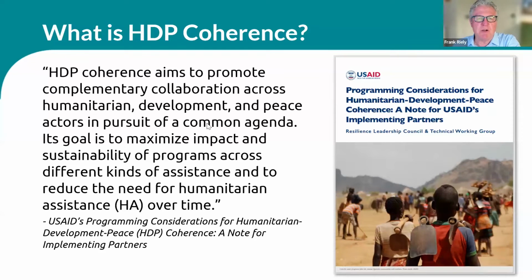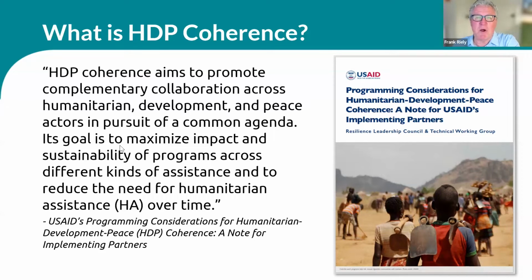So HDP coherence is about getting out of our silos and working together to meet longer-term food security and resilience needs, to address food security needs caused by shocks and reduce vulnerability. While the concept of HDP coherence isn't new, today's unprecedented and compounded shocks and stresses in an increasingly more complex and interdependent world make it even more urgent for us to move past these humanitarian development and peace silos towards more holistic and connected approaches.